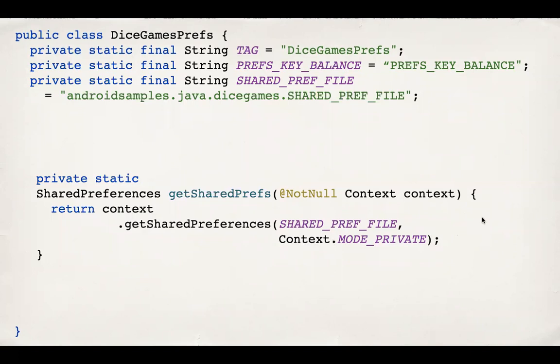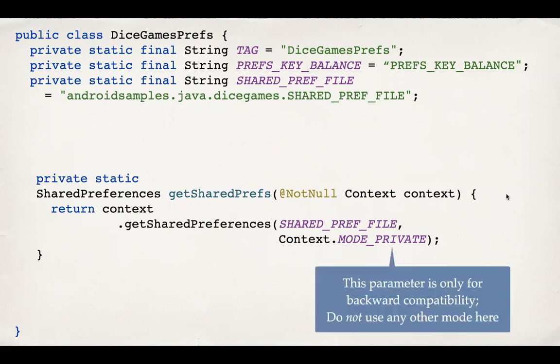It's an int, which is used to basically create or access the file. Now it says mode private, so you would naturally think there must be mode public or something similar. And it's recommended not to use any other parameter here. Always use mode private, but we need this in for backward compatibility.